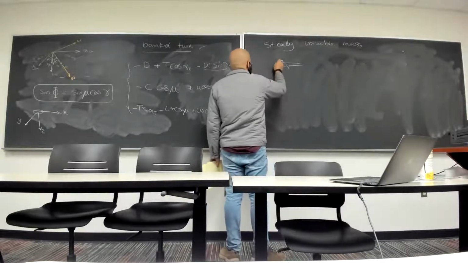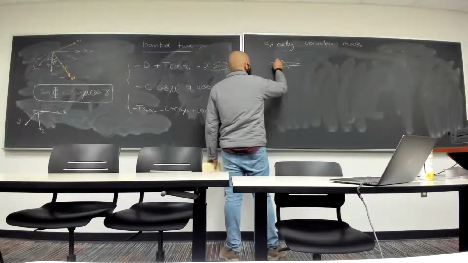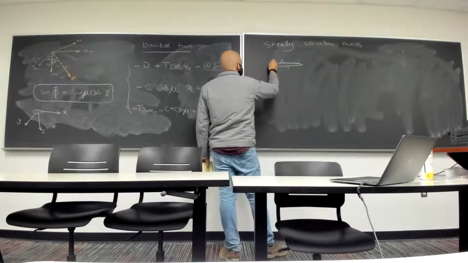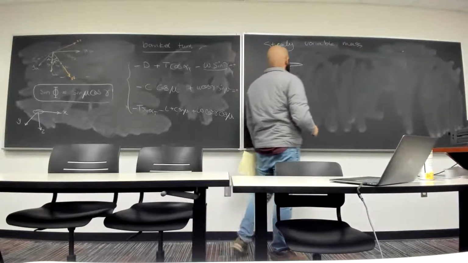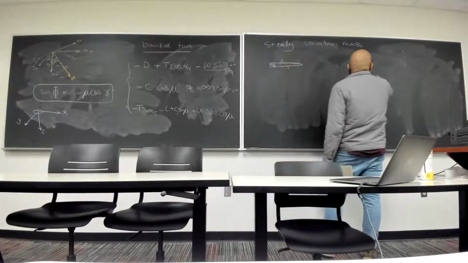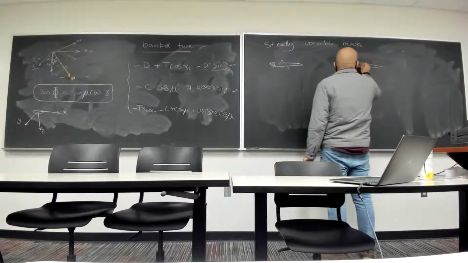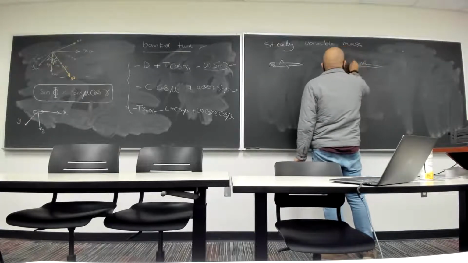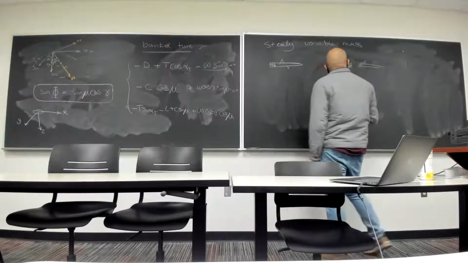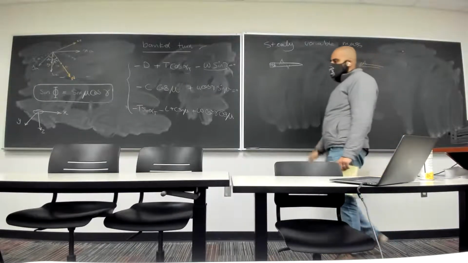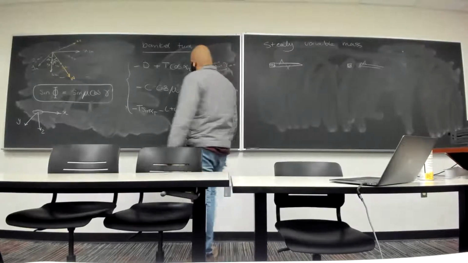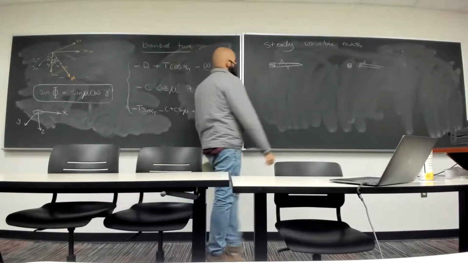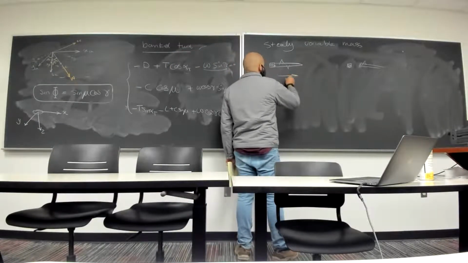So let's say your fuel is this part at time t, and at time t plus dt, your fuel is going to be completely burnt out, at least this part of the fuel. The velocity of the plane here is v.